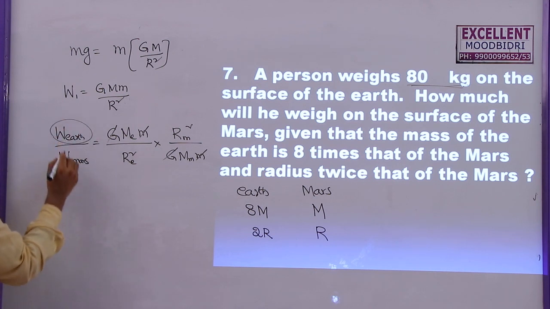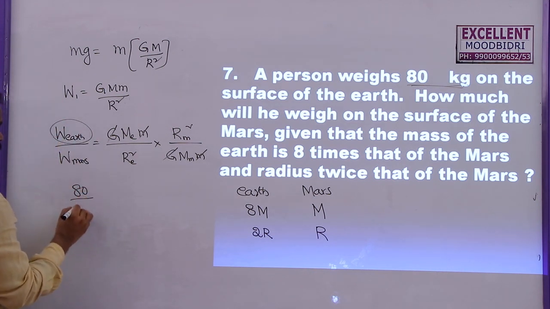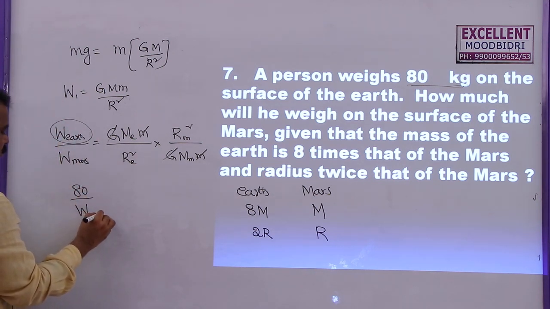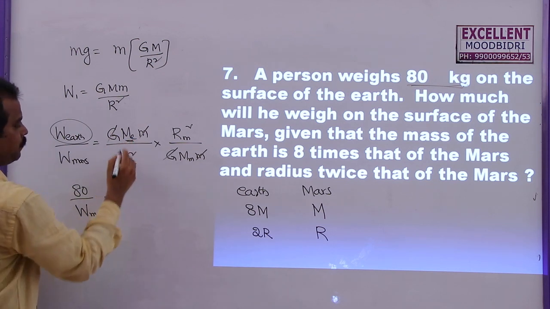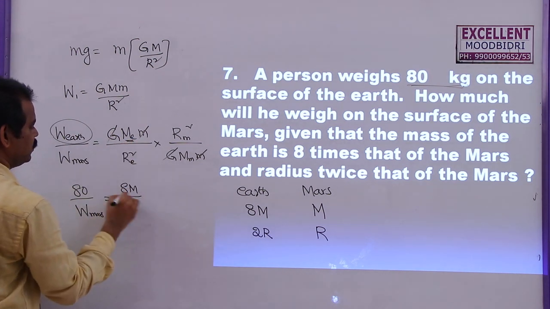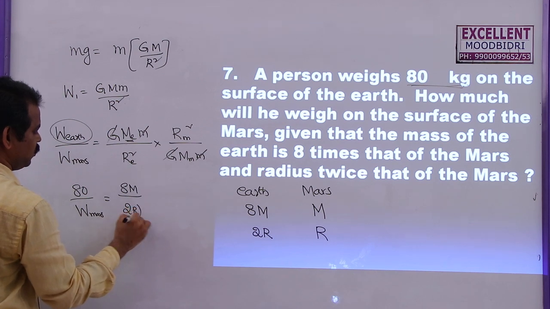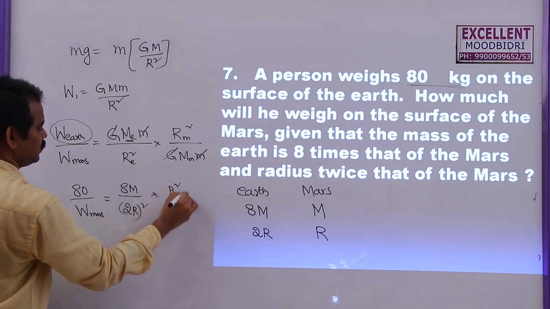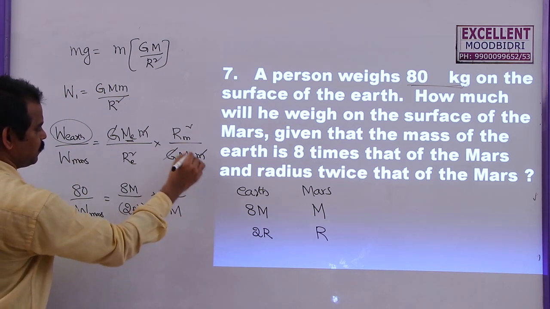So what is the weight of the person on the earth? 80 by weight on the Mars is given by mass of earth is 8m, radius is 2r whole square, this is r square by this mass of Mars is m.